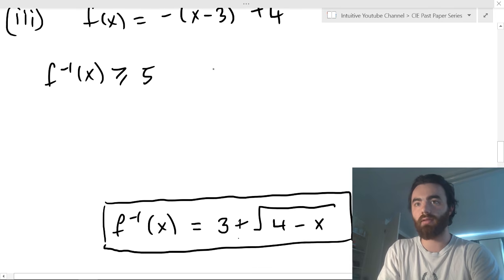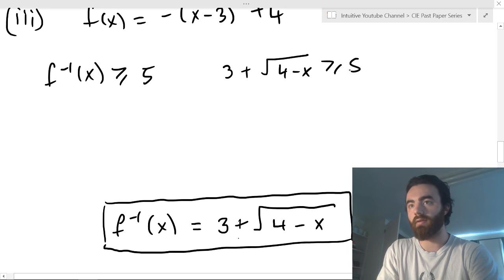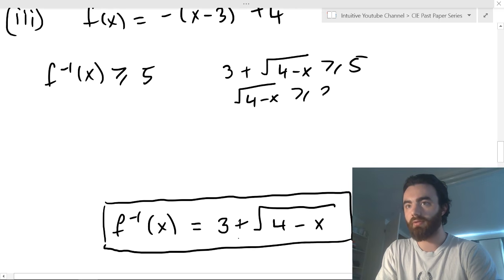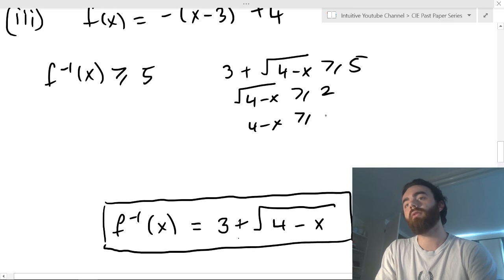So if we put that in here, we get 3 plus the square root of 4 minus x is greater than or equal to 5. So then we get the square root of 4 minus x is greater than or equal to 2. Then we get 4 minus x is greater than or equal to what? 4.